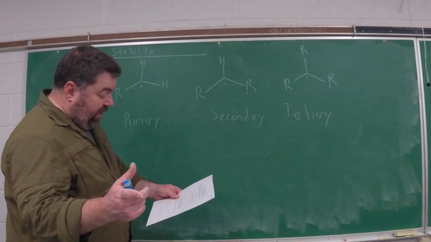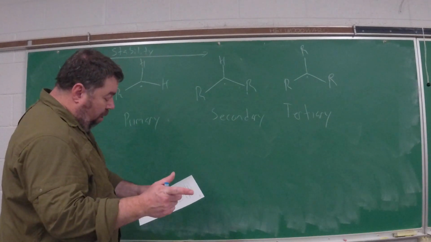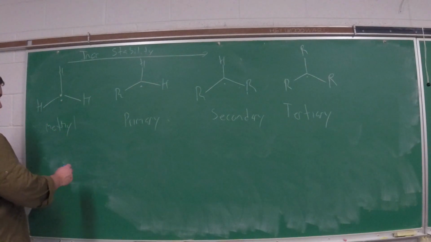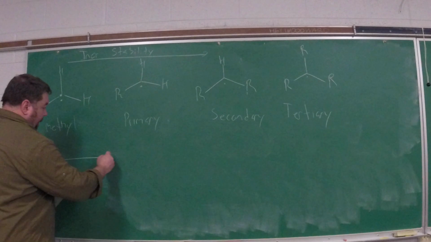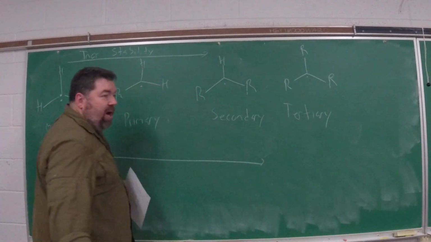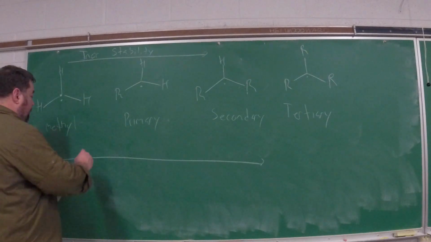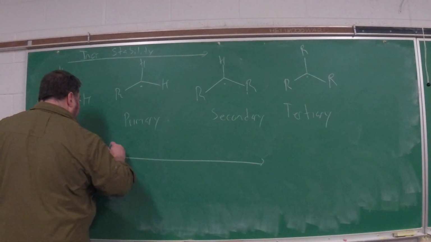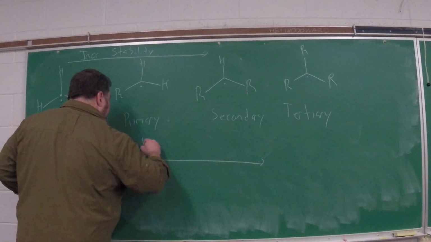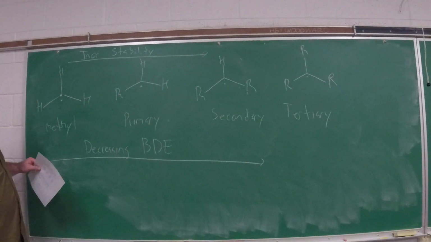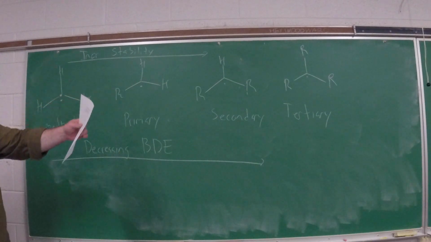And we actually did have this from our mass spec section. We're going to have decreasing bond dissociation energy. Remember when we created our fragments, bond dissociation energy was the amount of energy it took to break the bond. Bond dissociation energy, and again, it's going to fit that.